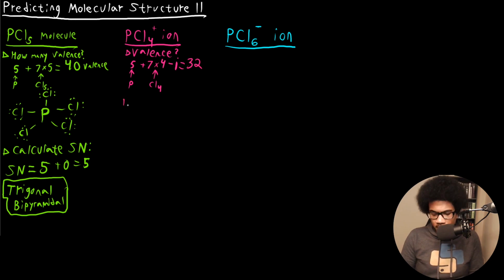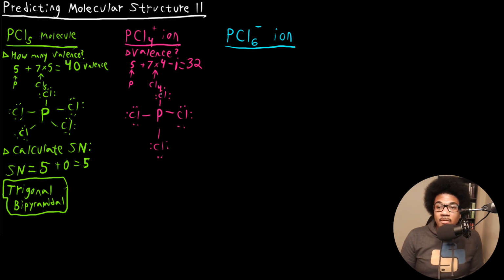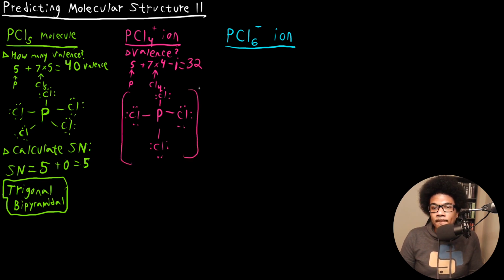So now if we connect all of the atoms to get our Lewis structure, we'll have a chlorine there, there, there, and there. From here, we just fill in the octets for the chlorine atoms across the board. That leaves you with the 32 valence electrons for PCl4+, adding that plus charge.